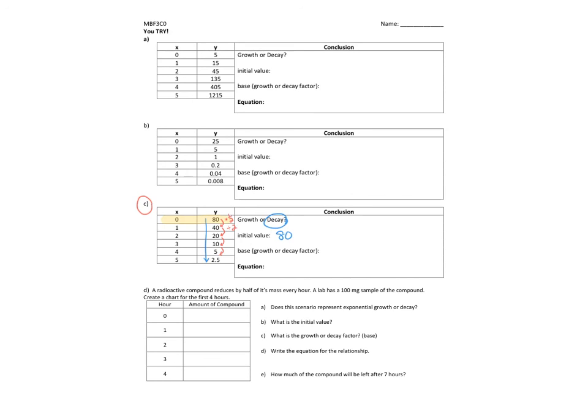They both mean the same thing, but I just think of it as they're getting cut in half each time, and so that means our growth, or in this case decay factor, is a half. Okay, so let's put it all together. We have y equals, we take our initial value, our growth or decay rate or factor is 1/2 to the x. Okay, so you're going to practice some more of that.